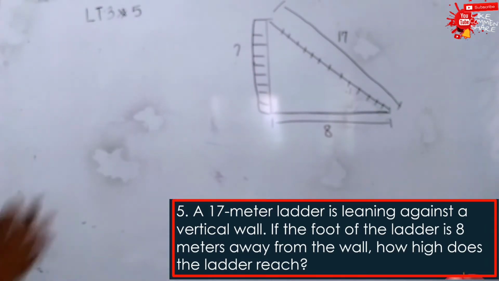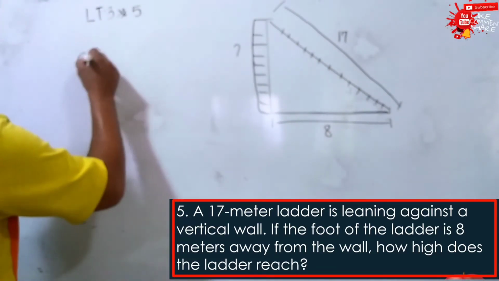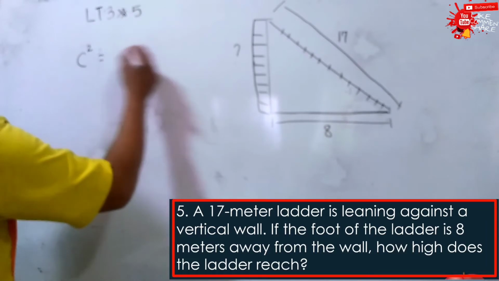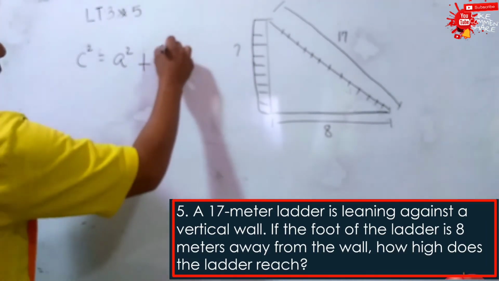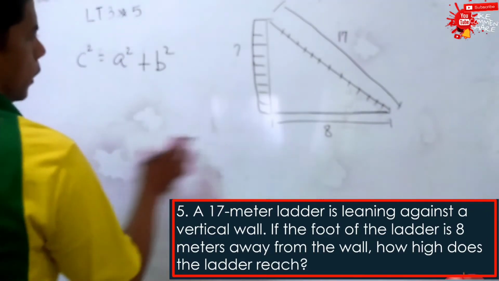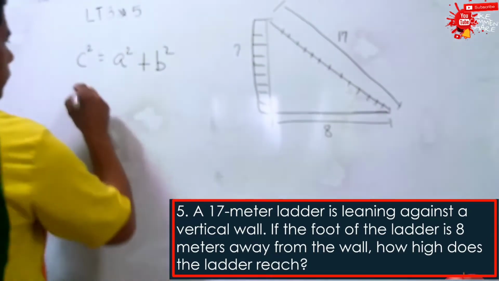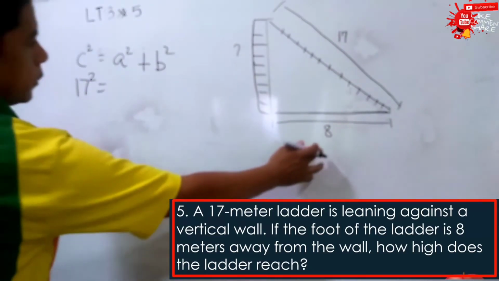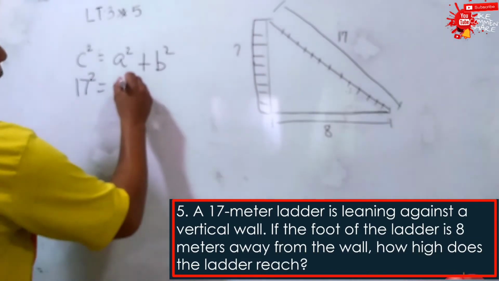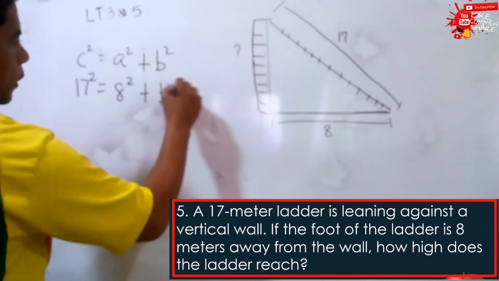So, in this case, given ang hypotenuse, so our hypotenuse is 17. So, that is A square plus B square. So, ginawa ko na lang represent na ang hypotenuse is 17 square. A is 8 square. At hinahanap natin yung height.